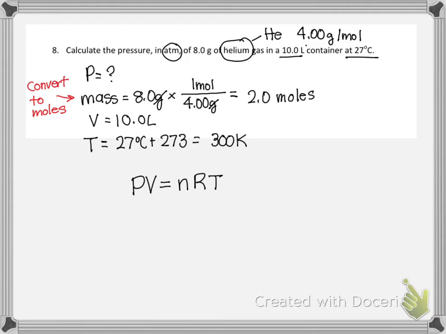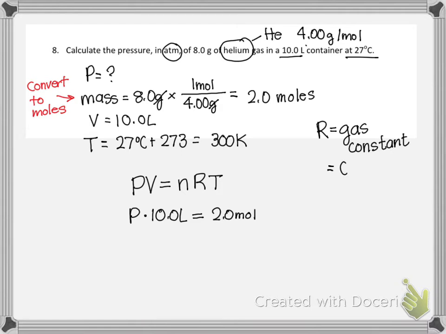All right, so I don't know P, that's going to be left as P, times the volume, which is 10 liters, equals n, which is 2 moles, and then R. Now R, don't forget it. It is a gas constant, and it does have to be included in the equation. I do give it to you.